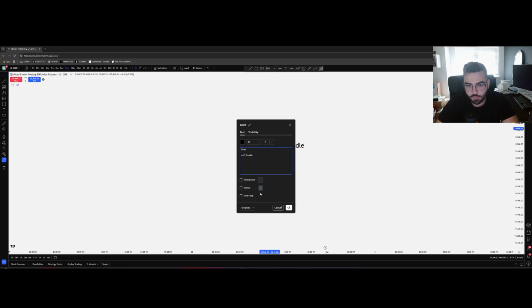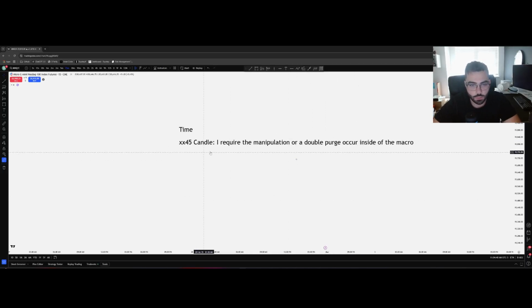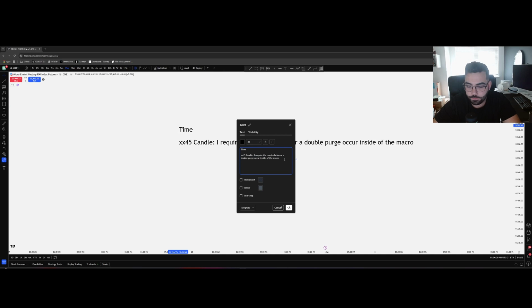If I'm trading an XX45 candle, I require the manipulation or a double purge to occur inside of the macro. So what do I mean by that? I'll give you some examples in a second, but that's really all I care about when I'm looking at time. Other than that, it's just open, high, low, close, and open, low, high, close logic to me.